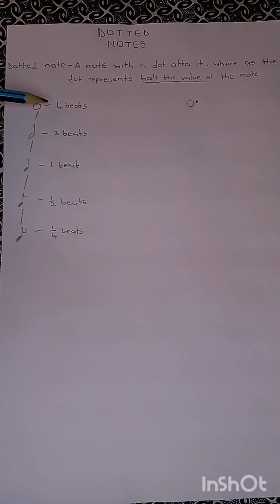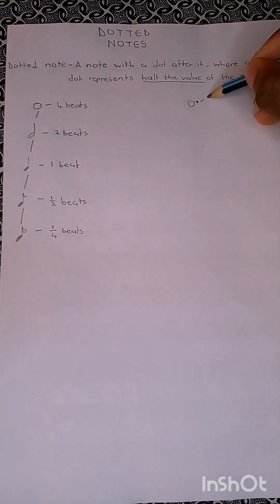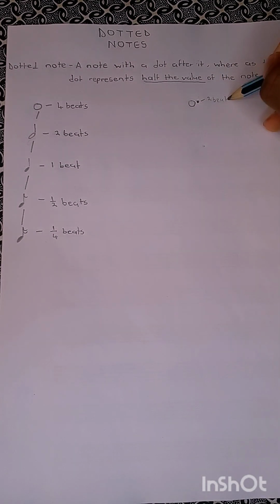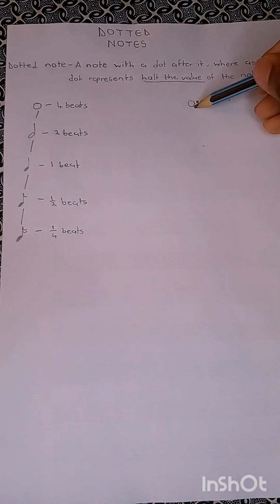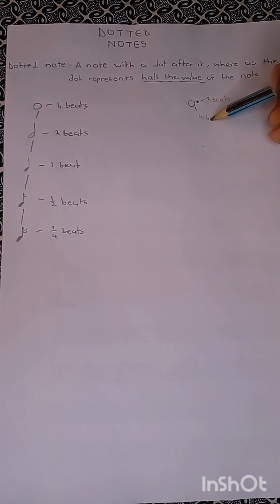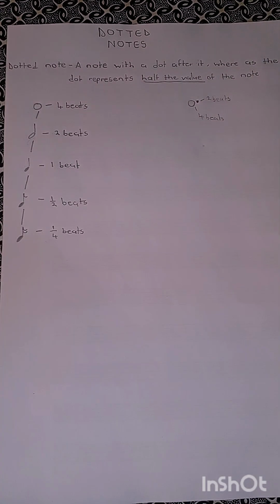So if the value of the semi-brief is 4 beats, half of 4 beats is going to be 2 beats, which is the value of a minim. So basically, this dot represents 2 beats. And here we know the semi-brief represents 4 beats. So that is how the dot functions.